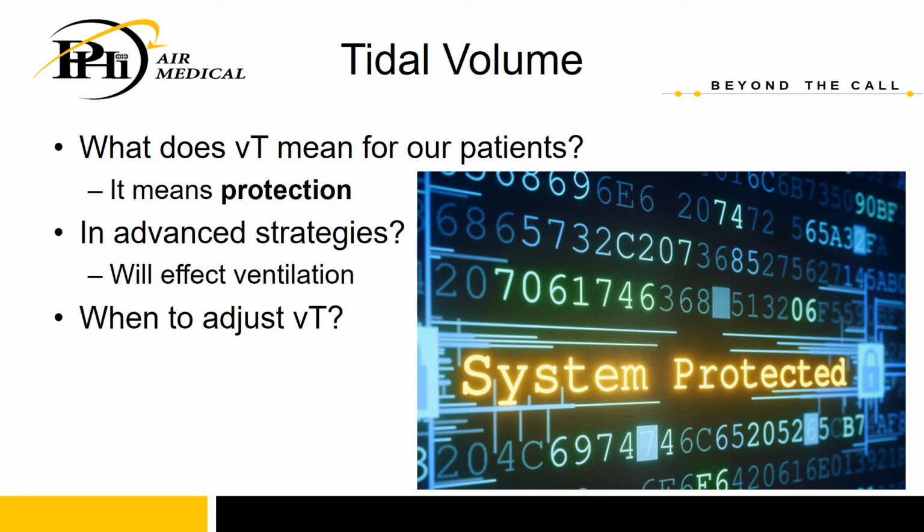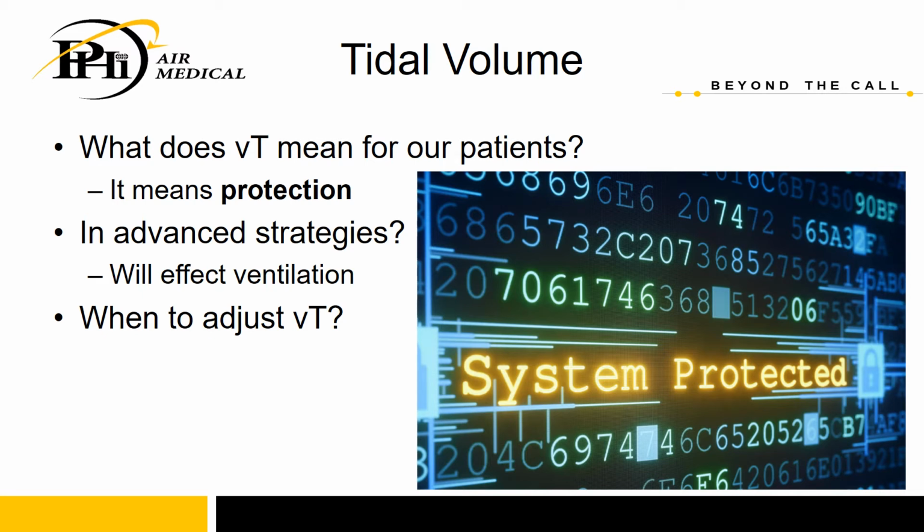So what does tidal volume mean for our patients? It means protection, and we've really already stated that in the last few slides, that we are going to be giving 6 to 8 milliliters per kilogram of our ideal body weight into our patients, and the reason that we do that is because we know that those volumes are typically safe for our patients.